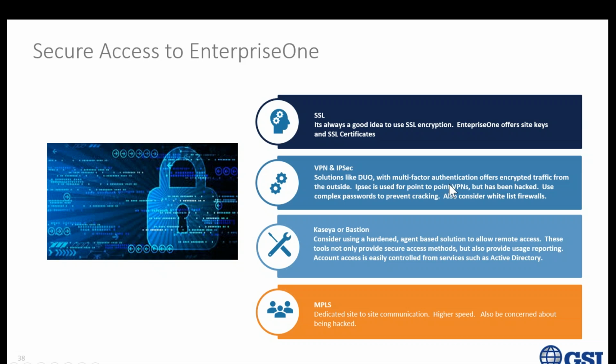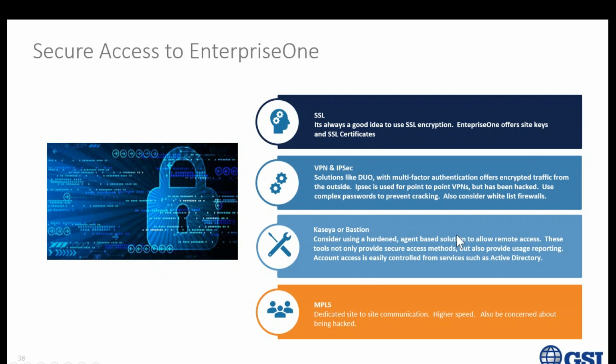Duo with multi-factor authentication is fantastic. So even if the hackers get your credentials, and even if they are smart enough to decrypt the secure traffic, if you have the MFA authentication, they're still not going to get in. You could accidentally give somebody all of your credentials, and without the token, they're done.